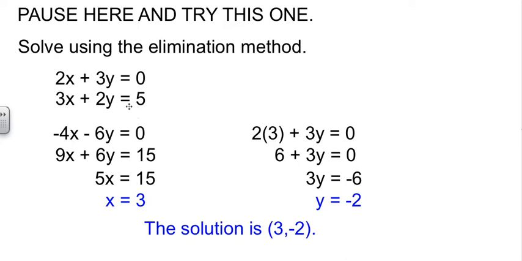And I multiplied the bottom one by 3, 9x plus 6y equals 15, so that my y's will cancel out. 5x equals 15, so x equals 3. Take my 3, plug it back in. I picked the top one again. 6 plus 3y equals 0, so we work that down, y equals -2, and we reported our solution.